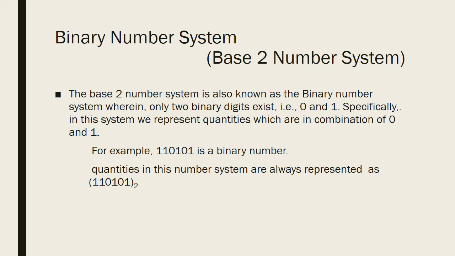For example, 110101 is a binary number. The quantities in this number system are always represented inside small brackets, 110101 with the base as 2. The computer system that we use, or the laptop that you have right in front of you right now, uses the binary number system. Okay.